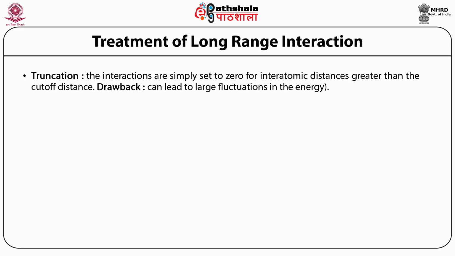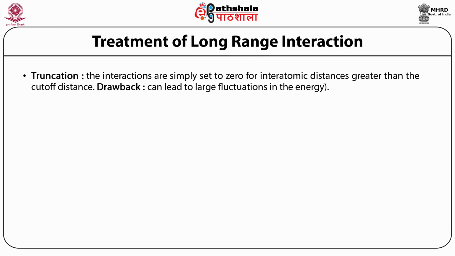This has a drawback, and this can lead to a large fluctuation of energy because, as I mentioned earlier, when you are doing molecular dynamics simulation, a water molecule, which is a polar molecule, can actually come near and just go further, and the distance may change from 12.1 to 12.2 or 12.3. And if you ignore the interaction, suddenly it just disappears and fluctuation may happen.